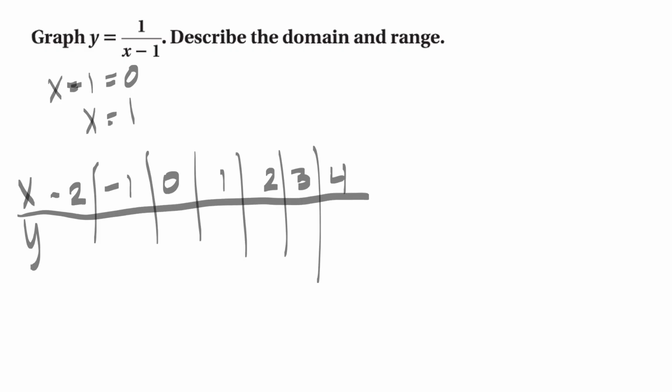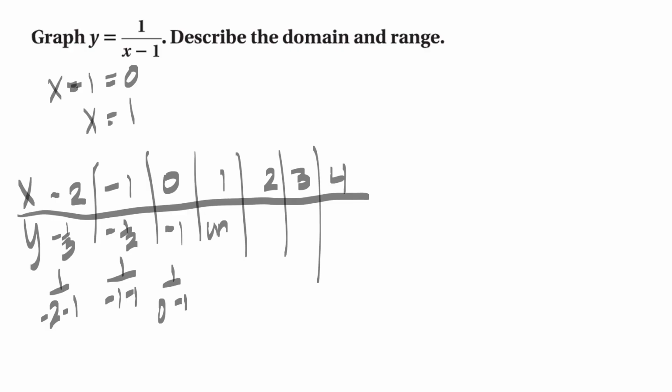We're just going to create a table of values for x and y. When we plug in negative 2 into our equation, we have 1 over negative 2 minus 1, so that would be negative 1/3. Here we would have 1 over negative 1 minus 1, so negative 1/2. Here we would have 1 over 0 minus 1, so negative 1.